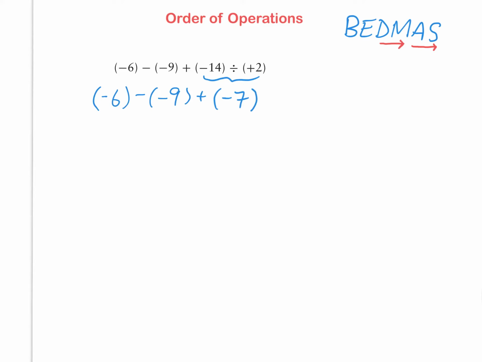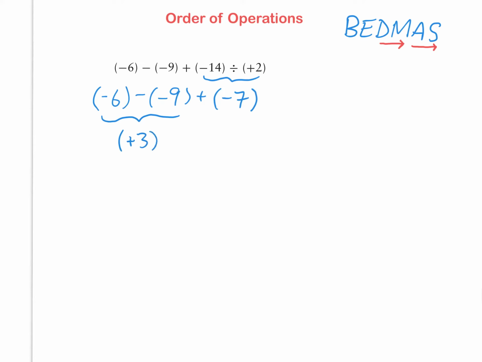Now all I have left is subtraction and addition, so I'm going to go left to right. I'm going to deal with negative 6 minus negative 9. If it's negative 6 degrees outside and we take away coldness again, it's going to get warmer by 9 degrees. It's going to go up past 0 and we'll get positive 3 here.